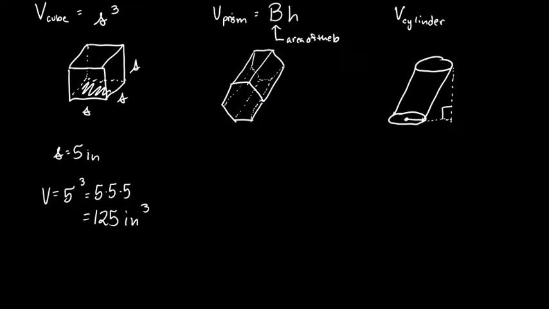Flashing back to chapter 11, when you learned all the different formulas for area, such as the area of a triangle is 1/2 base times height, the area of a polygon is 1/2 the apothem times the perimeter, and the area of a rectangle is length times width. These formulas you need to keep in mind when you're trying to find the base, because you may not know the base shape.